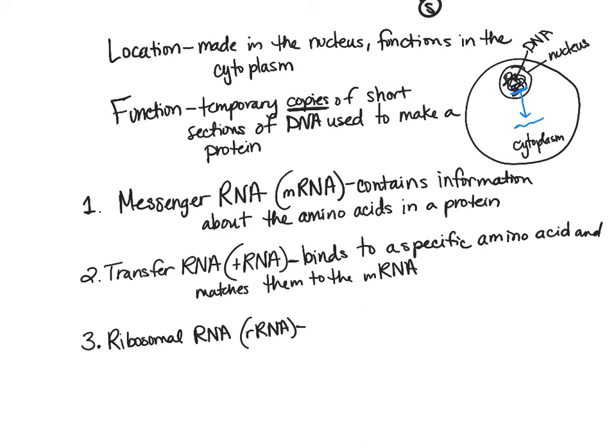Now, the ribosome is what's going to make the bonds between the amino acids as part of our polypeptide chain. So our ribosomal RNA, or our rRNA, is part of the ribosome, and it's going to catalyze the reaction that joins the amino acids.